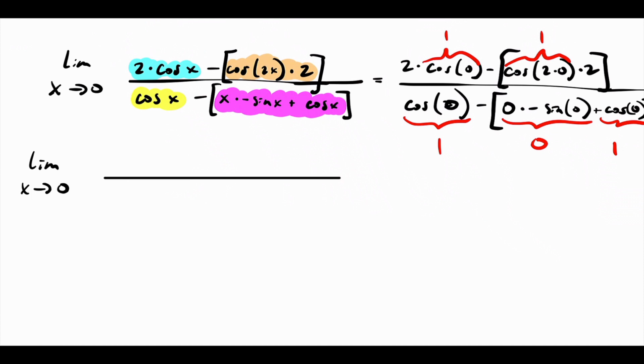So the derivative of the blue, 2 times cosine. The derivative of cosine is just negative sine. So it's going to be negative 2 times sine of x.